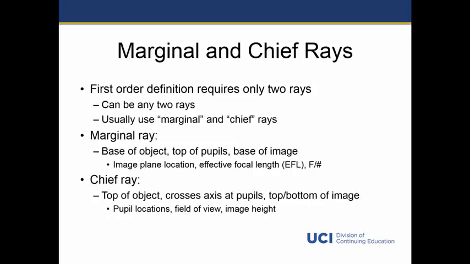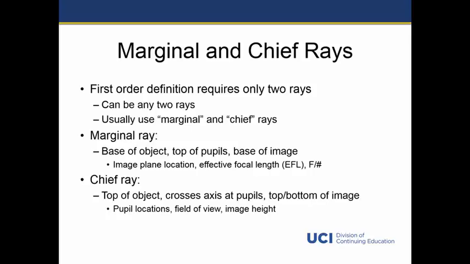Part of the information we can get by tracing this particular ray is it allows us to readily locate all image planes. And in a complicated optical system, or even in a not so complex optical system, we may have more than one image. Anytime the marginal ray crosses the axis, we're locating an image.